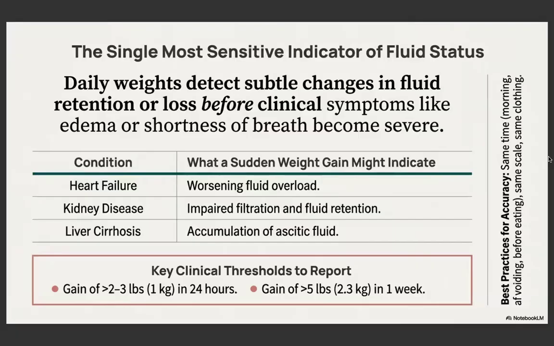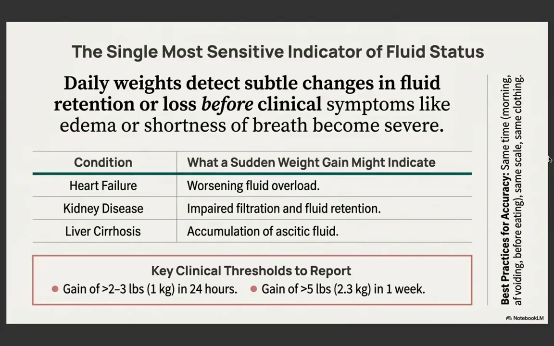So, daily weights. The reason we do daily weights, besides for individuals who have heart failure, is that we're also going to do it for individuals who have kidney disease. And that's because we want to make sure that, because they have kidney disease, they also have that fluid retention.